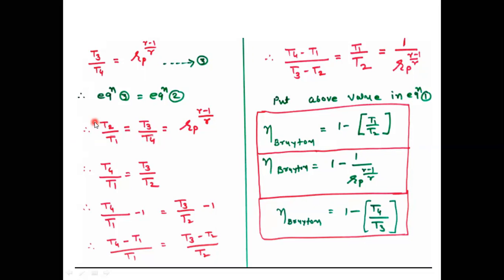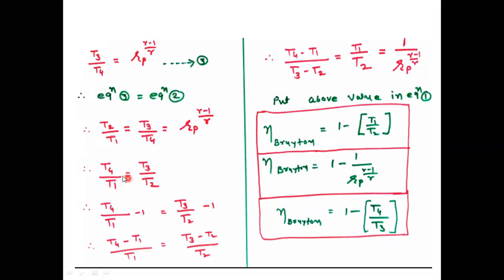Take this T4 on the left hand side and this T1 on the right hand side. Exchange T2 and T4. So T4 on the left hand side, T4 divided by T1 and T3 divided by T2. Just exchange T2 and T3. Mathematically it's okay. So the equation becomes T4 divided by T1 is equal to T3 divided by T2.